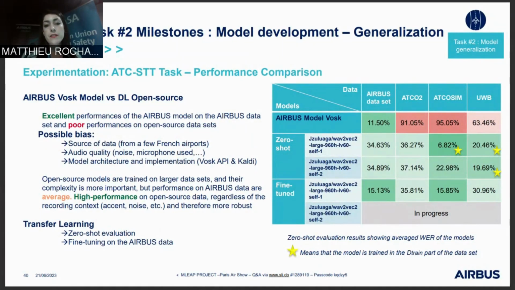So the latest achievement of this evaluation aims to first compare the existing models that have been trained on the Airbus datasets, which represent a set of recorded speech in real life at French airports, to the behavior of deep learning models using two different pipelines with zero shot, which means that the deep learning model has not been trained on the Airbus datasets and is just evaluated on open source data, and compare these models to the fine-tuned ones, where the objective is first to see the advantages of adapting the model to the context and taking into account the noise behind the scene, so the noise included in the data.